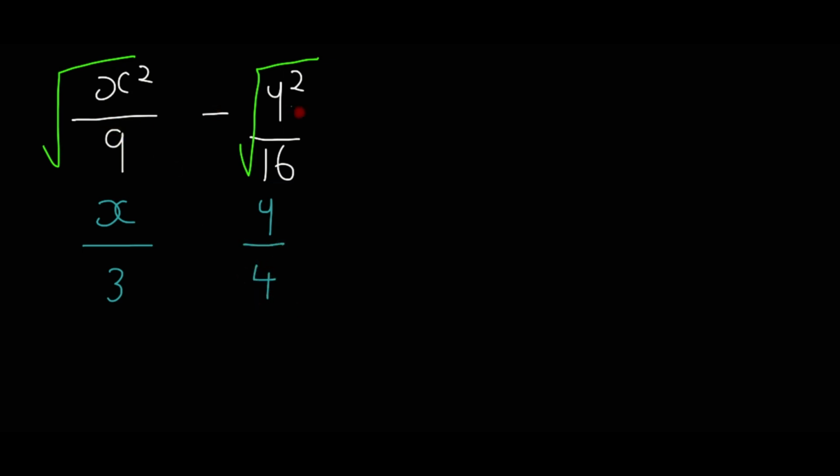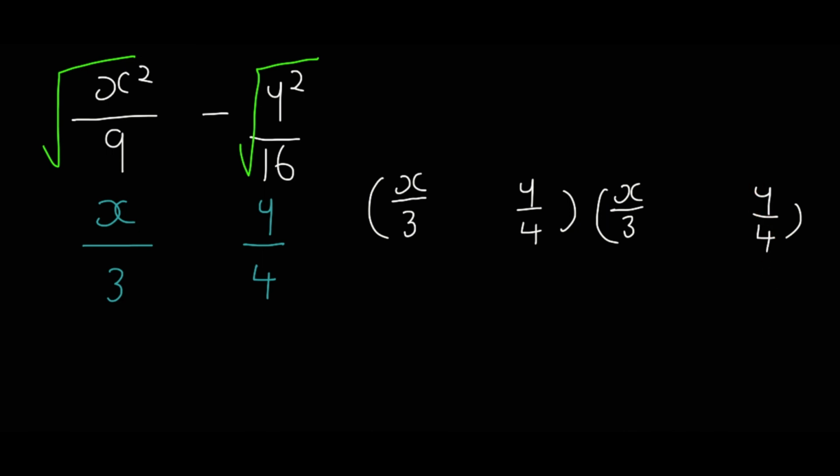Therefore these two terms are perfect squares, and from there we will have two brackets. The first bracket has x over 3 and y over 4, and the second has x over 3 and y over 4, and then we have a minus and a plus. So this is our answer.